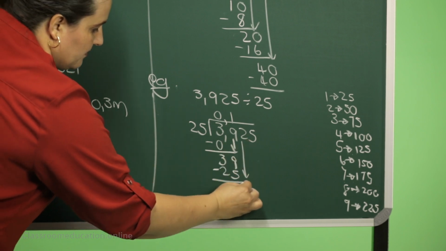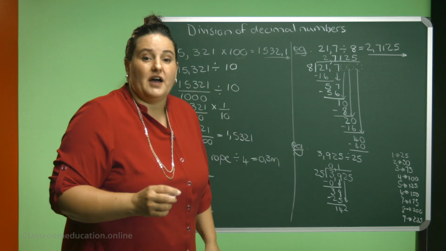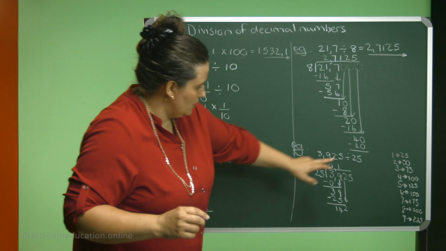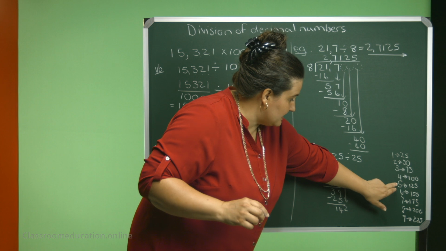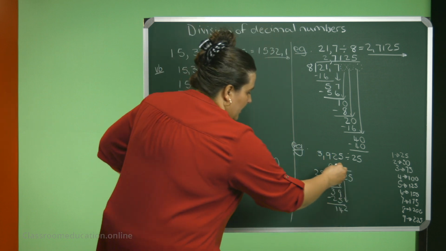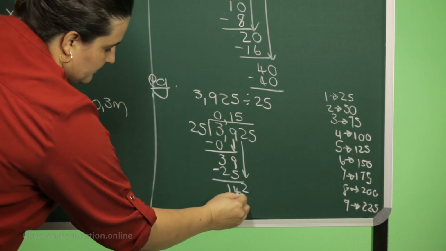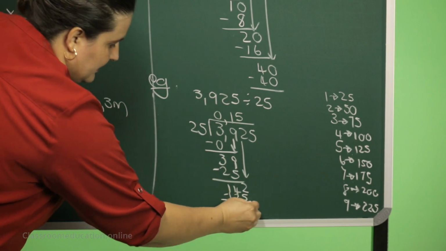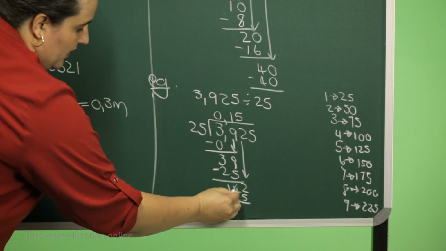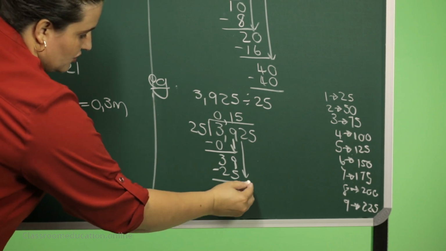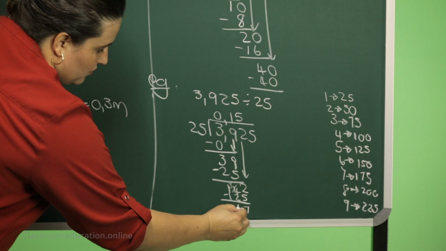Bring down the 2. Can 25 go into 142? Yes, 5 times. 5 times 25 is 125. Get the difference. So I need to borrow there. This becomes 3. So 12 minus 5 is 7. That is 1.